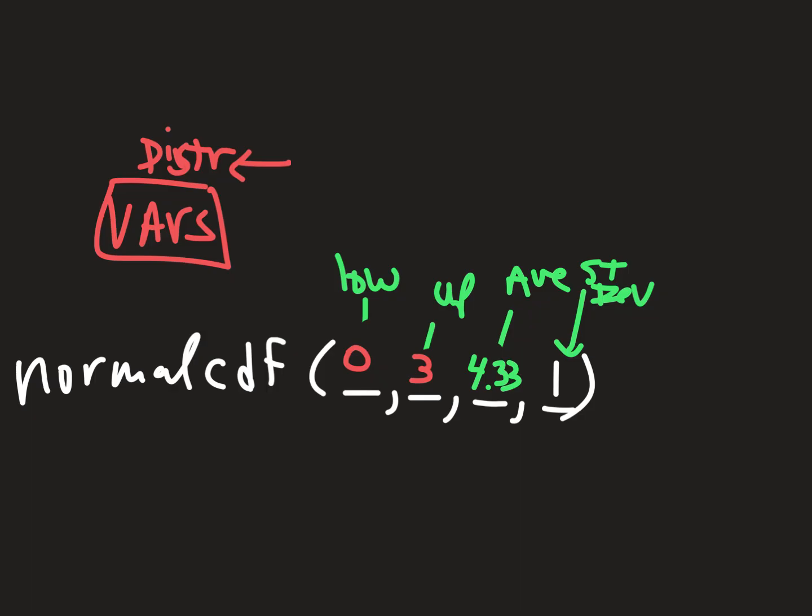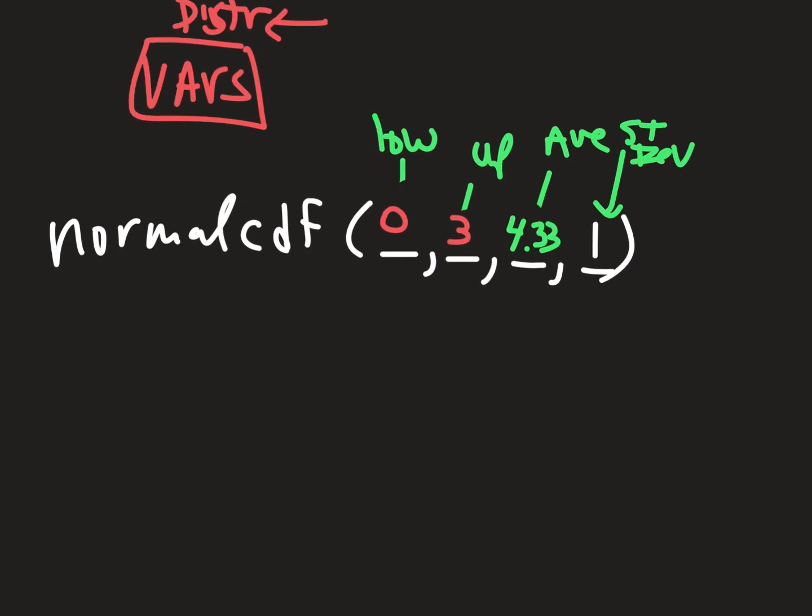All right. So, what if we use the same exact data, but I do it in the reverse way, and I say, what does it take to be in the top 5%? Well, you don't use normal CDF then. If you want to be in the top 5%, you're going to do the other thing under the distribution menu, inverse norm.